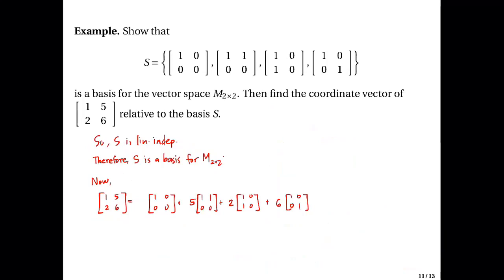And this guy here is 1 minus 5 minus 2 minus 6, and that's equal to negative 12.